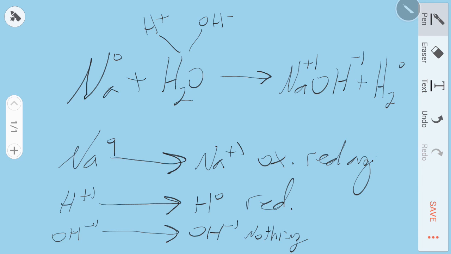Sodium. So it's the reducing agent. Sodium was oxidized. And who oxidized it? The hydrogen. So the hydrogen's the oxidizing agent.